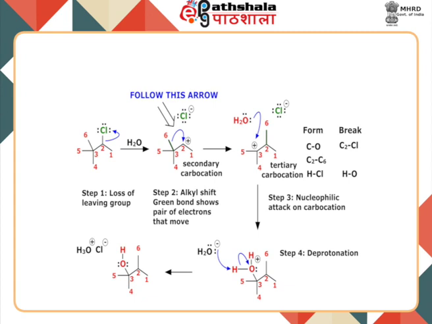Once a carbocation is formed, rearrangements can potentially occur at any time, and that includes most commonly the SN1 reaction. So, let us consider this SN1 reaction where the alkyl shift is happening. If we are beginning with this particular alkyl halide and at the 2 position you have chloro, then in the first step the formation of this carbocation, which is a secondary carbocation, will happen, which is part of the SN1 mechanism first step.